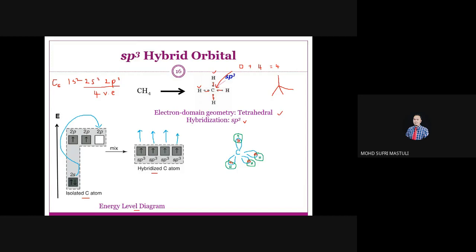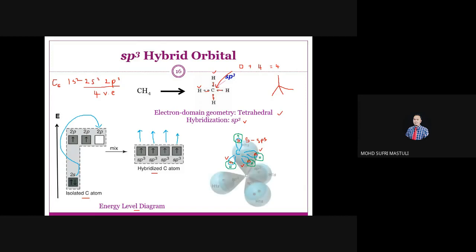So according to the valence bond theory, this bonding is the overlapping between the s of hydrogen with the sp3. Same goes to here, same goes to here, and same goes to here. s with sp3, s with sp3, s with sp3, s with sp3.